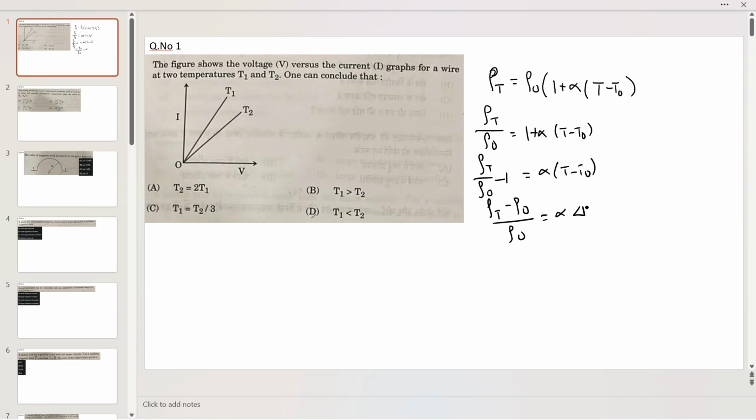We can say that this is change in temperature delta T, and this is change in resistivity, so this will be alpha delta T, and this is your rho naught.